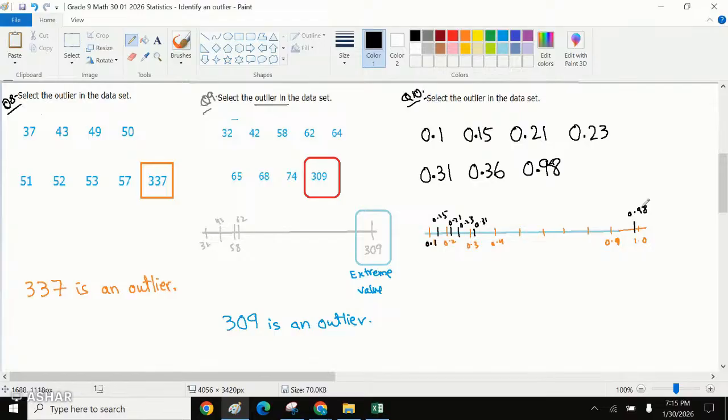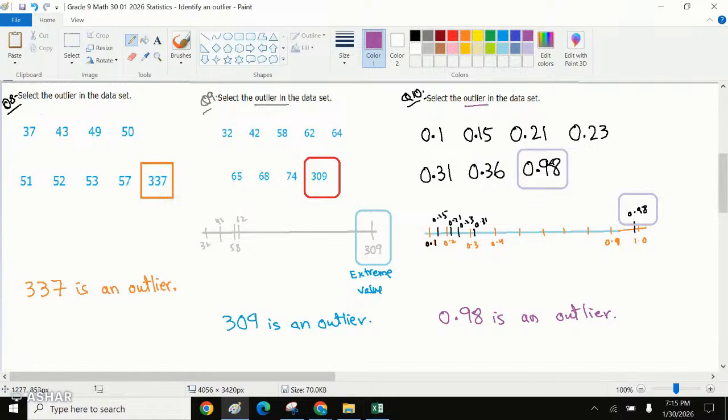Irrespective of whole numbers, decimal numbers, or fractions, we can always have an outlier in any given form. So what we can say over here is 0.98 is the outlier, the extreme value. So we can say 0.98 is an outlier for this given data set.